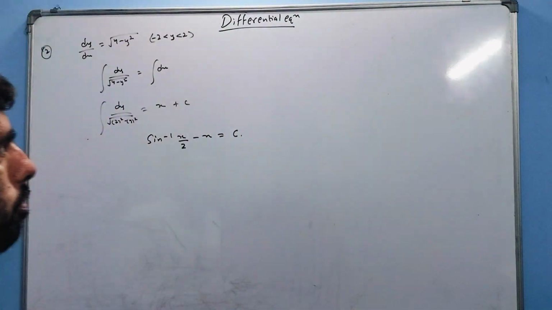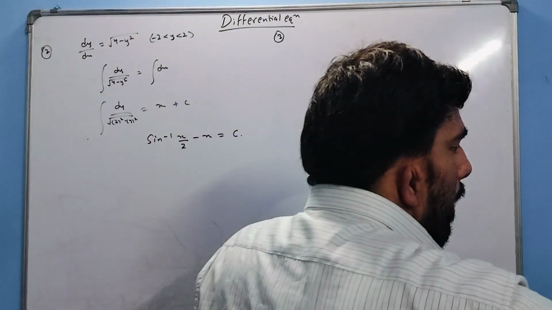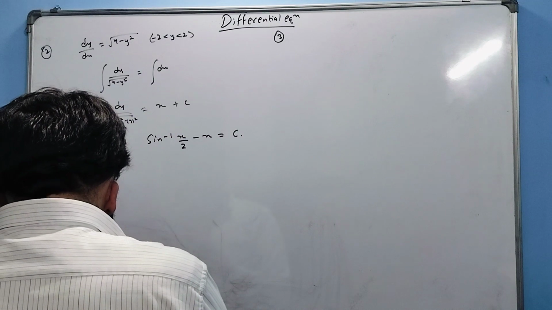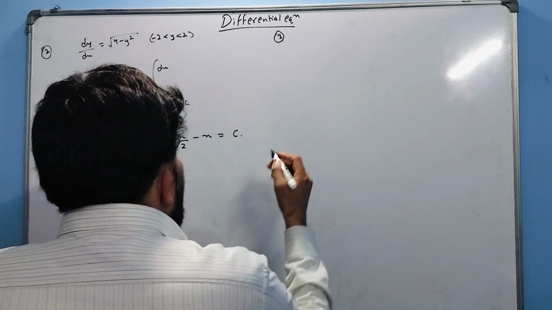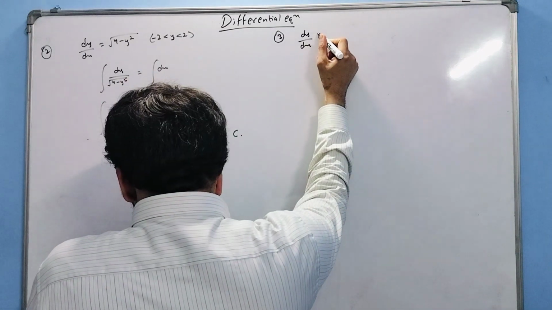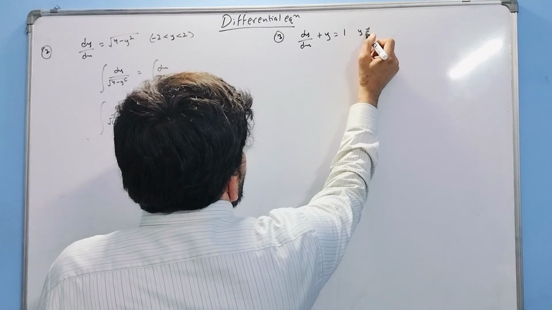Let us try to solve the next question here. Okay, so now we have the next question here. The next question is dy upon dx plus y is equal to 1, y is not equal to 1.